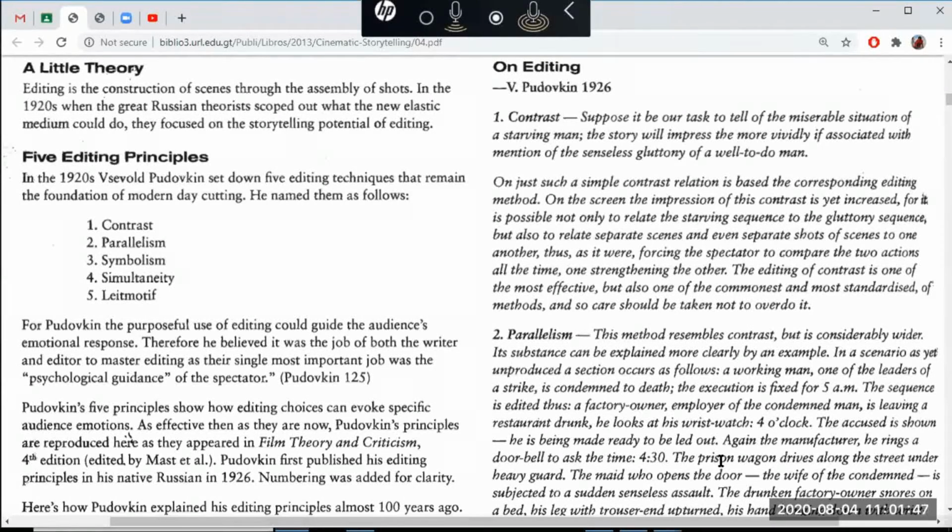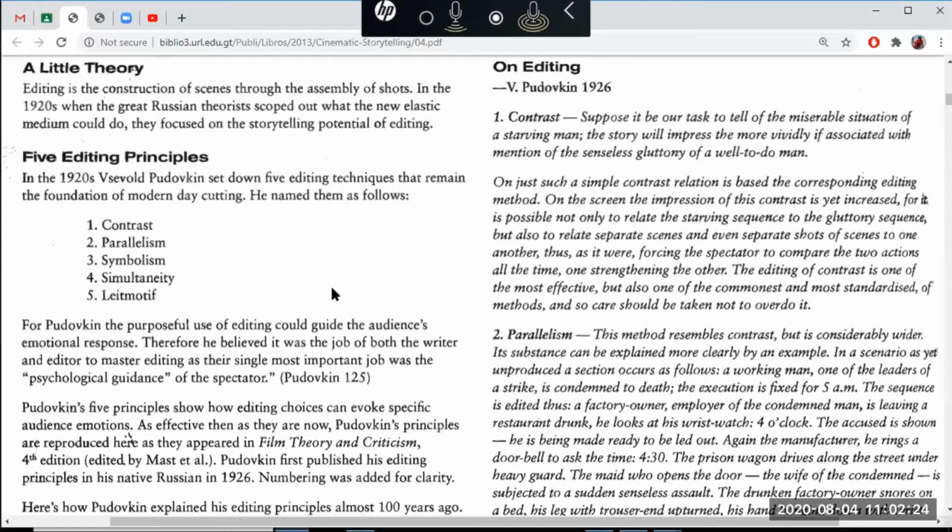And it also says that these editing techniques are used for psychological guidance of the viewer. So the viewer, when he watches the film produced through these editing methods, is psychologically guided by the filmmaker to understand the meaning of the film, or to understand film language or grammar in a certain style.